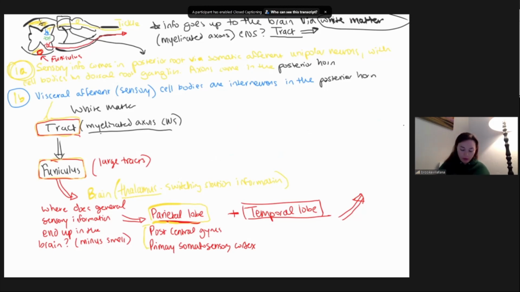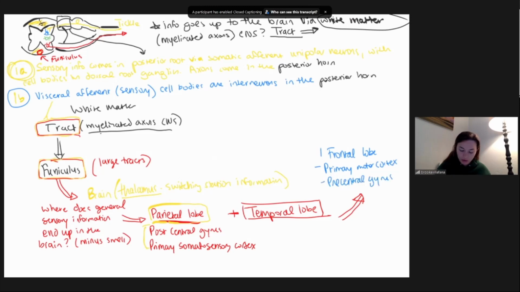So for motor, which lobe controls motor? Is it the insula, the frontal? The frontal lobe is for motor. What part? The primary motor cortex on the precentral gyrus, right?